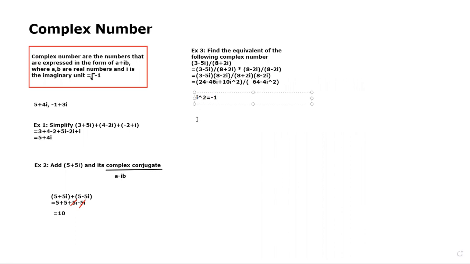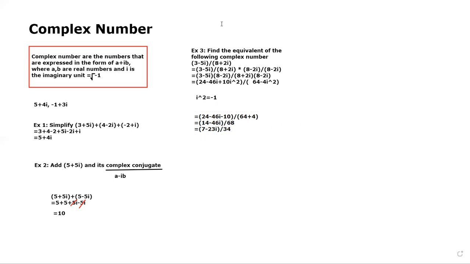Putting this in, we get 24 minus 46i minus 10 divided by 64 plus 4, that is 14 minus 46i divided by 68, which can be reduced to 7 minus 23i divided by 34.